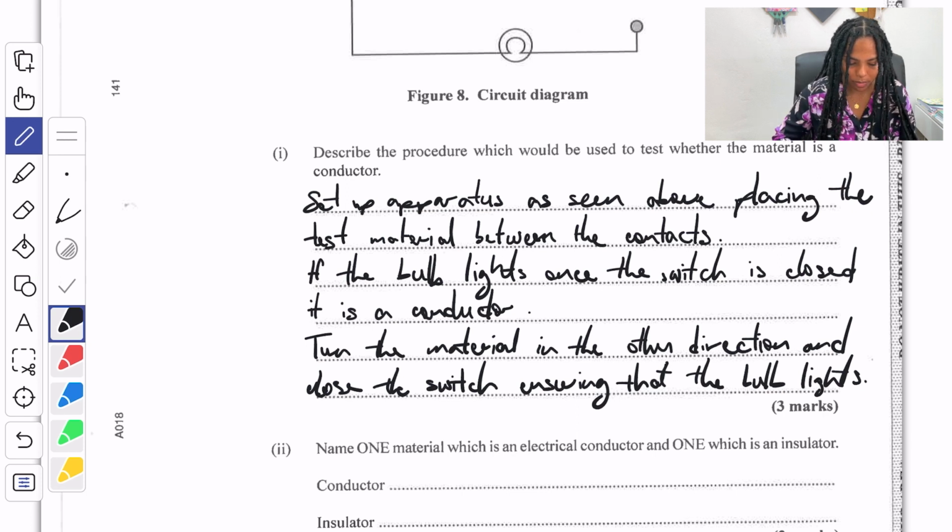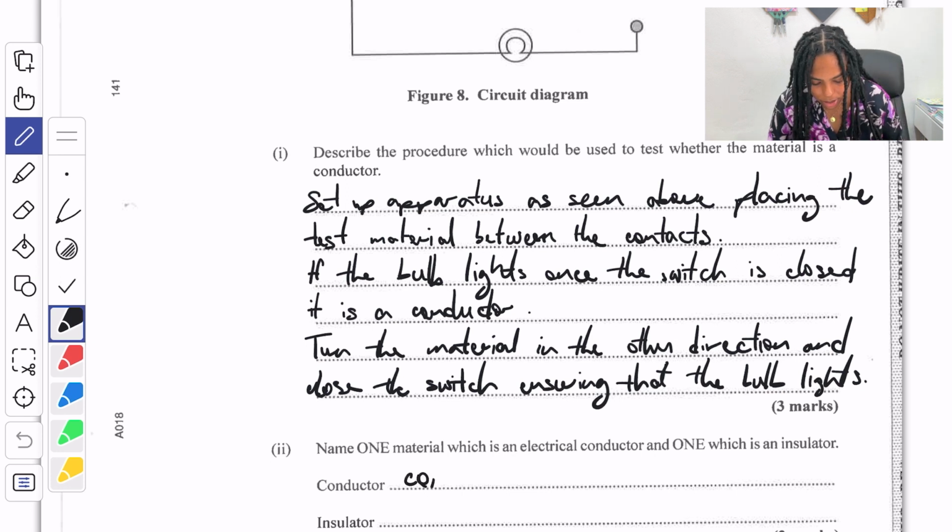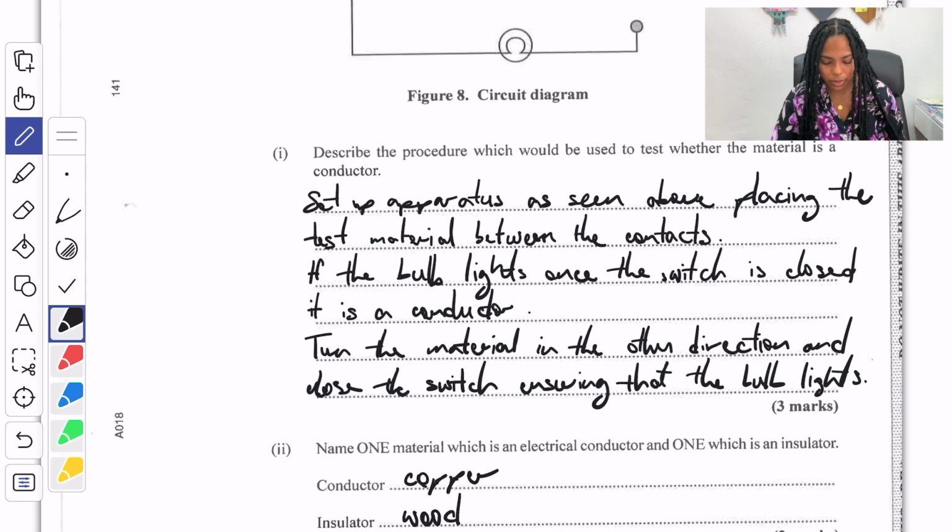So I think the more common ones would be something like saying copper or aluminum, and then probably the more common insulator would be wood, but we know you could use plastic, rubber, or whatever. On the diagram, mark the direction of electron flow. So we know electron flow goes from the negative terminal to the positive, so it's going to go this way.